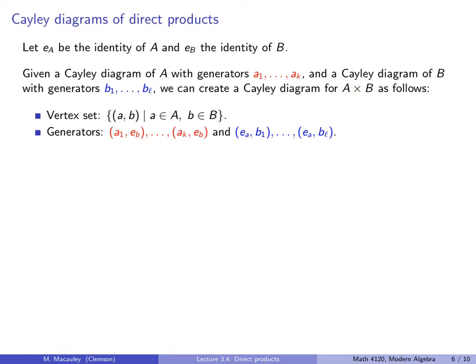As a vertex set, we take the Cartesian product, that is ordered pairs of things in A with things in B, and then as generators, we take K ordered pairs for the generators in A. Those are of the form one of the generators in A with the identity in B, and then we take L ordered pairs of generators corresponding to those in B, of the form the identity in A with a generator of B.